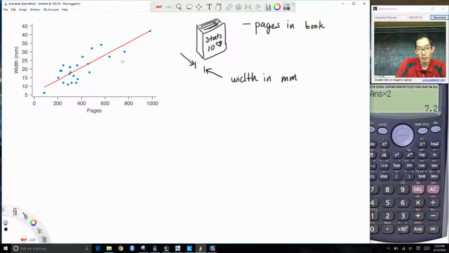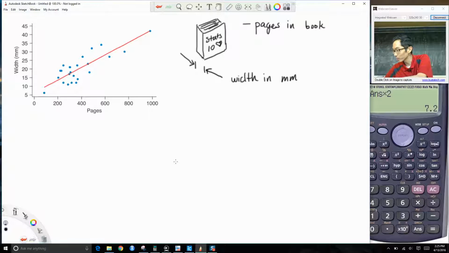We look at a bunch of books and ask how many pages the book has and how wide the book is. We plot this and fit a line, and we want to know the equation of this line.